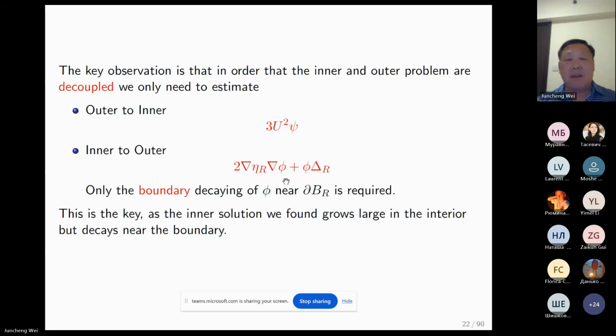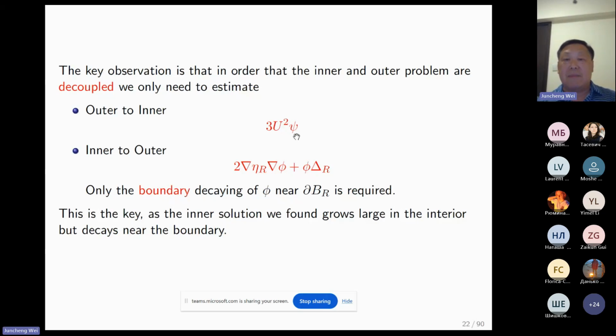This is the key element in the non-L2 case, because in the non-L2 case, the solution we get will be very big inside. However, the solution has a little bit of decay near the boundary.